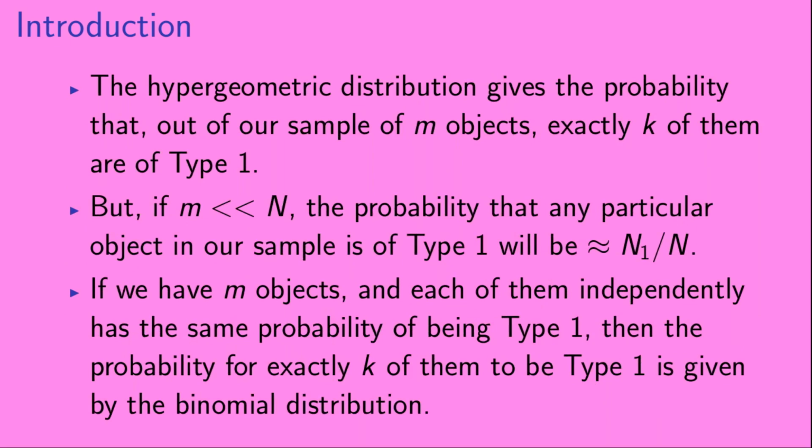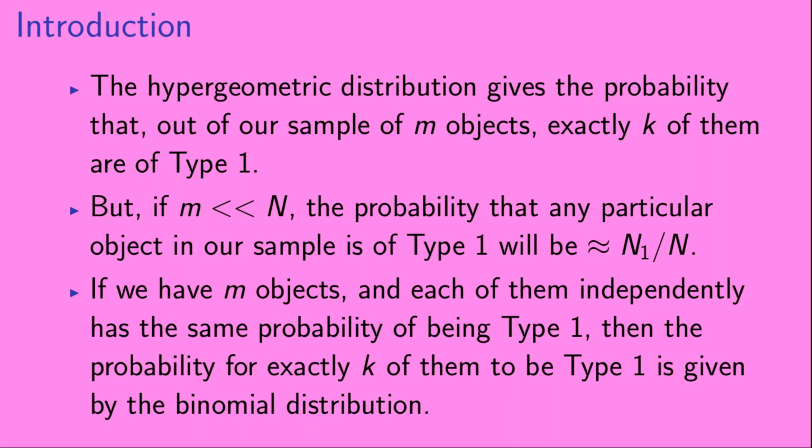The hypergeometric distribution gives the probability that out of our sample of m objects, exactly k of them are of type 1. But if m is much less than n, the probability that any particular object in our sample is of type 1 will be approximately n1 over n.